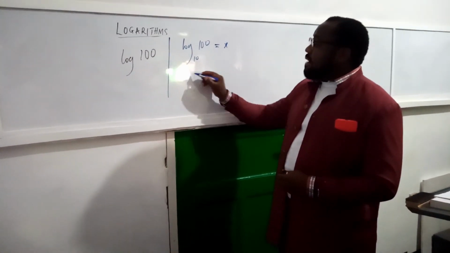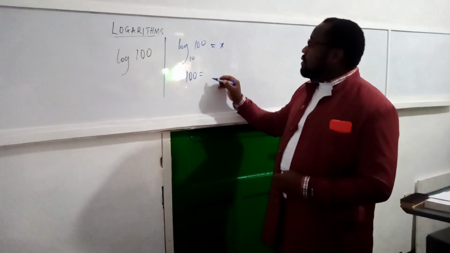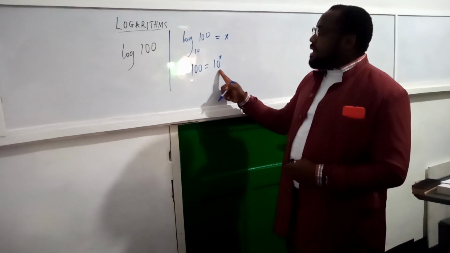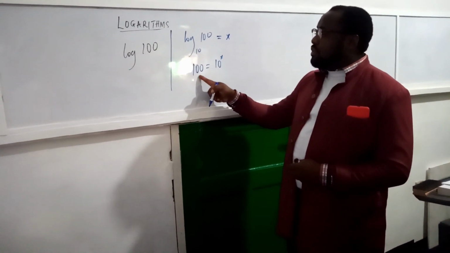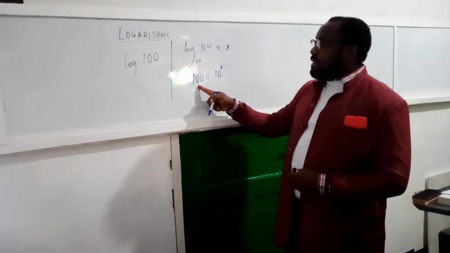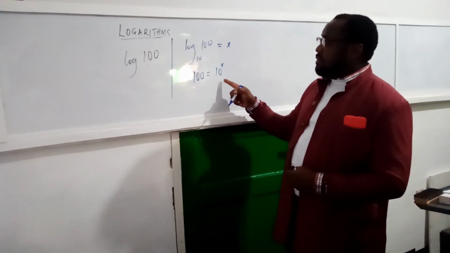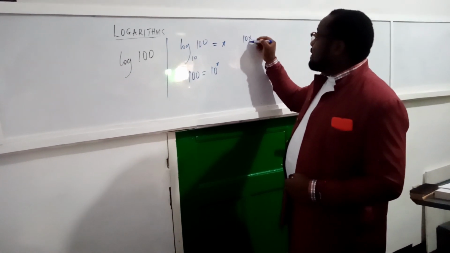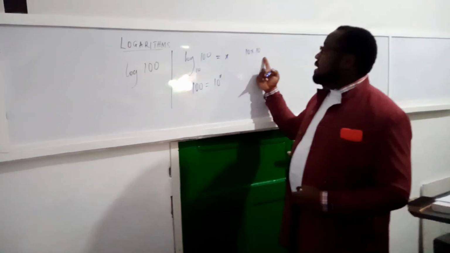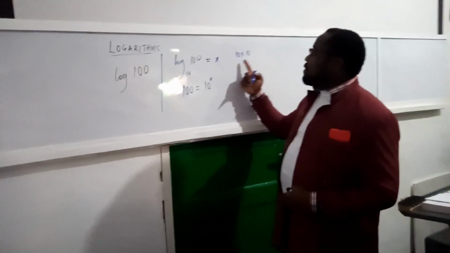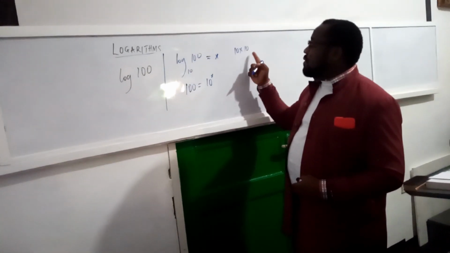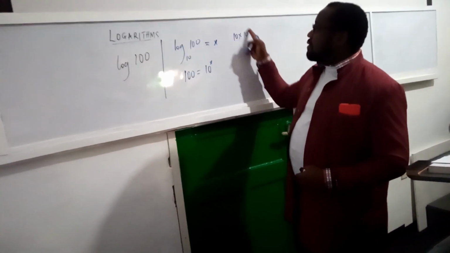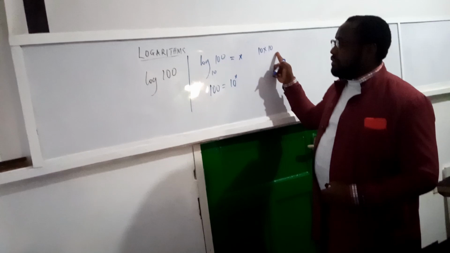So I can write this as 100 is equal to 10 to the power x. How many times will 10 go into 100? 10 times. That means 10 times 10 is what? 100. So we will have 10 raised to the power of what? 2.